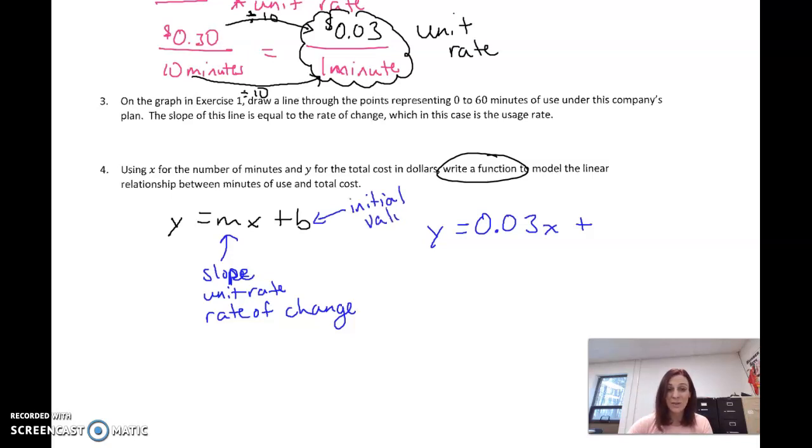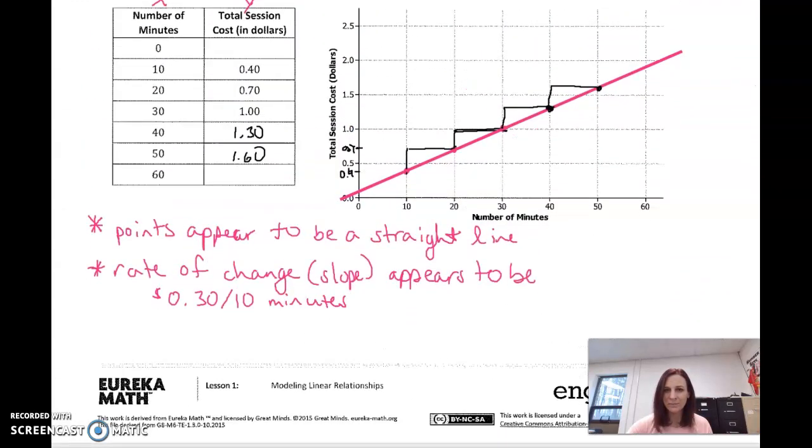Now we could absolutely figure this out plugging in what we know, but if I go back to the table here, remember, going this way, at 50 minutes, I'm at $1.60. So if I go up 30 cents more and over 10 minutes, I'm adding another 30 cents. But it also works the other way, right?